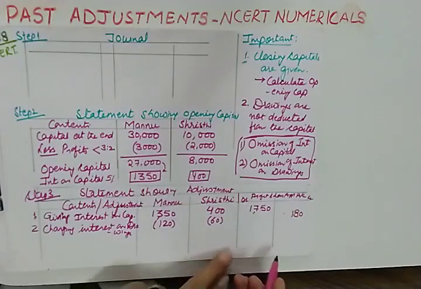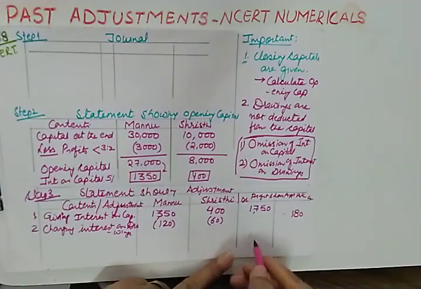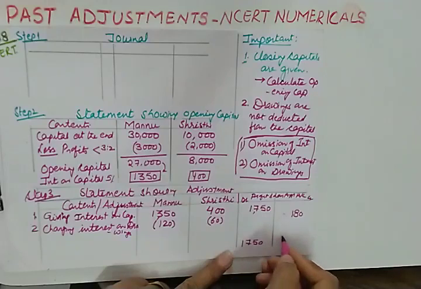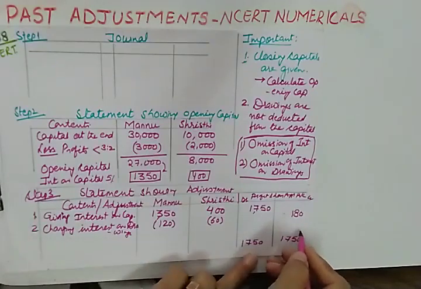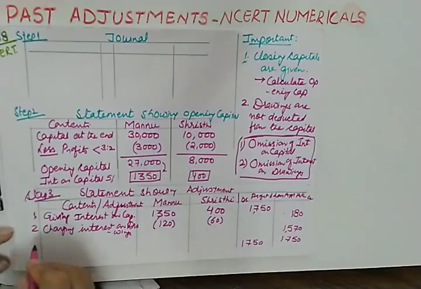Now what is the next step? Next step is you will calculate the balance of this. You will leave two lines, 1750, 1750. So what is the balancing figure here? Let us calculate. This is the balancing figure.